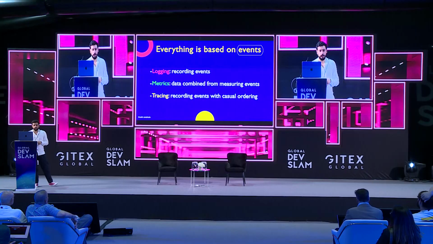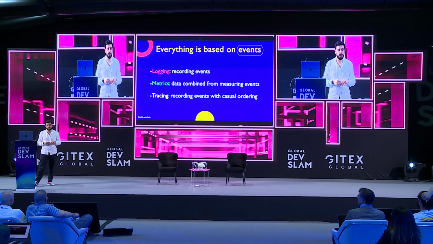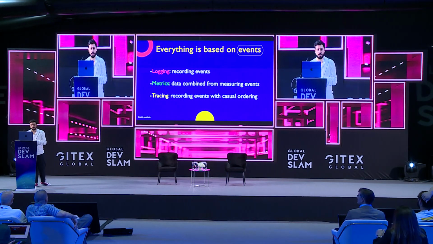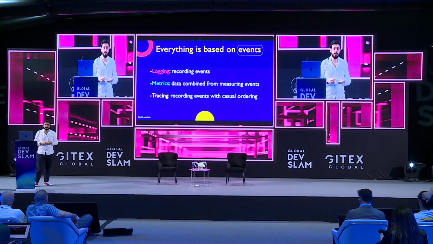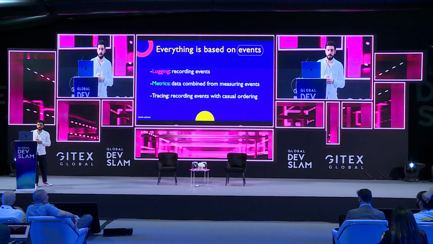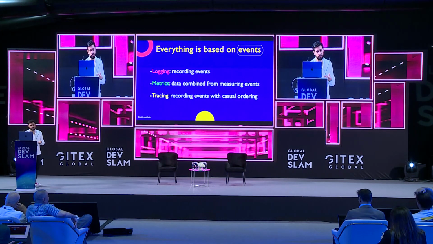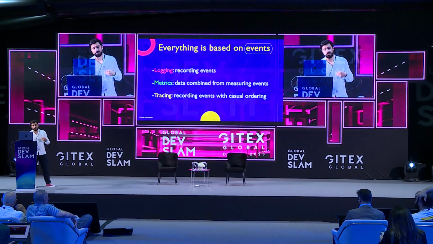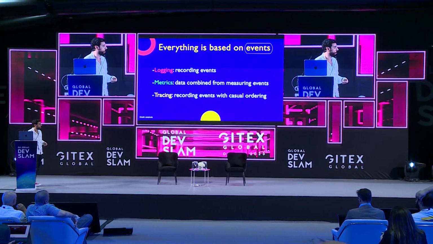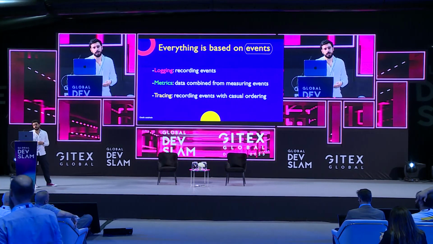When something happens in the system, we record it, and that's it. On the other hand, we may want to gather other information from logs, or do measurements of our logging information. We can gather them and collect metrics, and from metrics we can then measure other things like requests per second and aggregate other kinds of data.